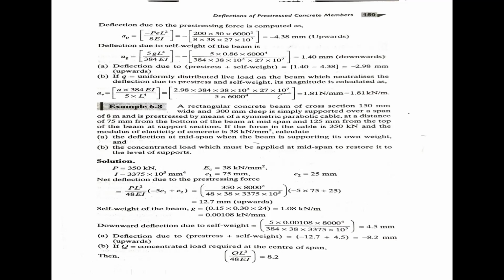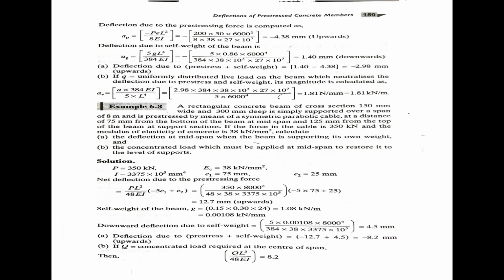Now, if q equal to the uniformly distributed load, that means the live load on the beam which neutralizes the deflection due to prestress plus self weight, its magnitude is calculated as follows. Now you have to calculate the live load based on the self weight deflection formula: q equals delta into 384 E I divided by 5 into L to the power 4.